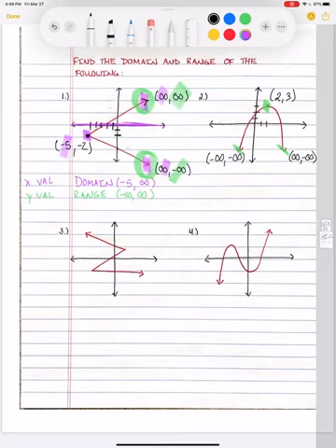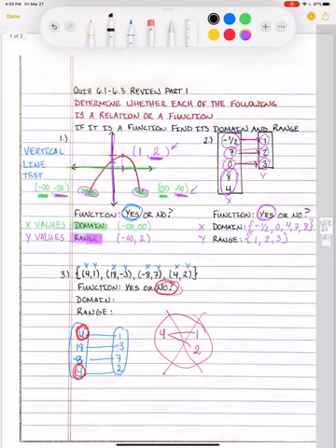I'm just going to focus on domain and range. So domain we'll put in yellow. So my domain is going to go from negative infinity to positive infinity.